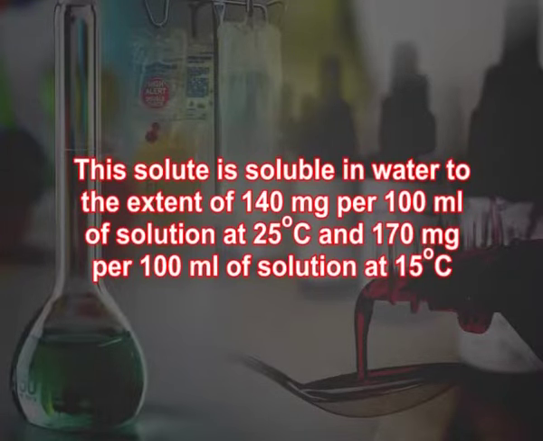This solute is soluble in water to the extent of 140 mg per 100 ml of solution at a temperature of 25 degrees centigrade and 170 mg per 100 ml at 15 degrees centigrade. Thus, the temperature at which the solution is prepared or stored can affect the concentration of the resulting solution.